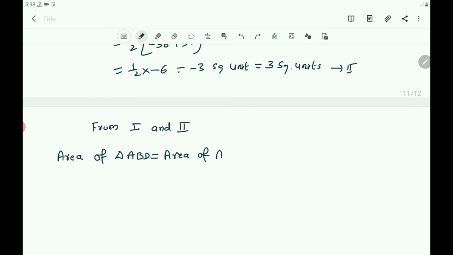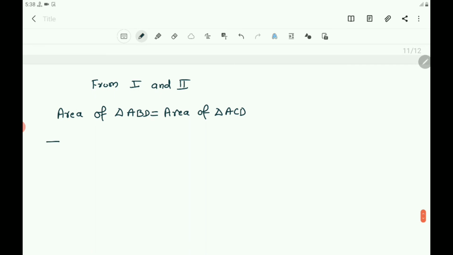Therefore, a median of a triangle divides it into two triangles of equal areas.